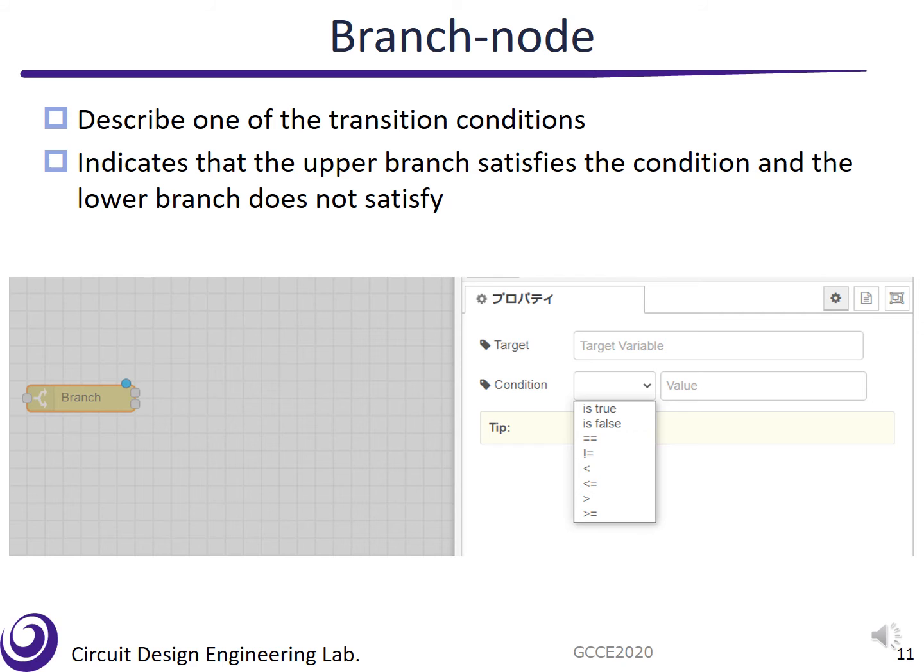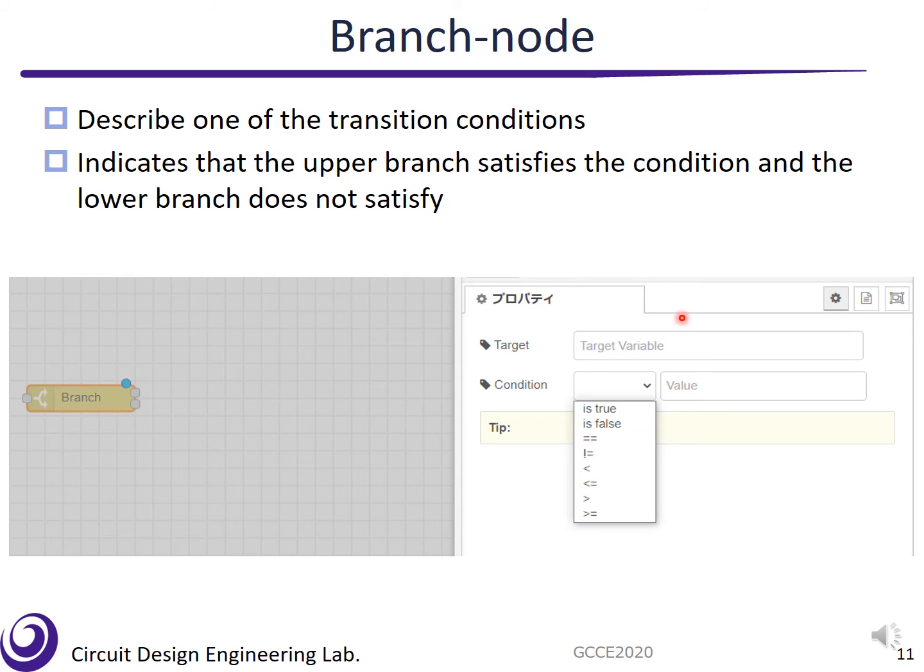Next, I will explain the branch node. This node is for expressing that a variable branches depending on a condition. Enter the variable names that will be the condition or the transition target.